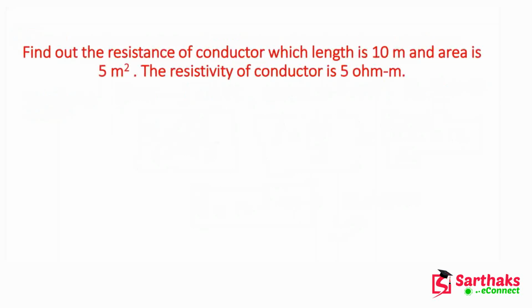So basically here we will see a question. Find out the resistance of a conductor whose length is 10 meter and area is 5 meter square. The resistivity of the conductor is 5 ohm meter.